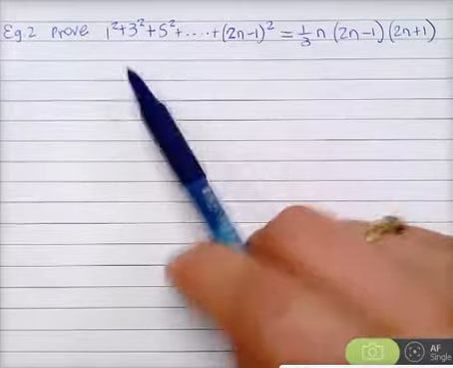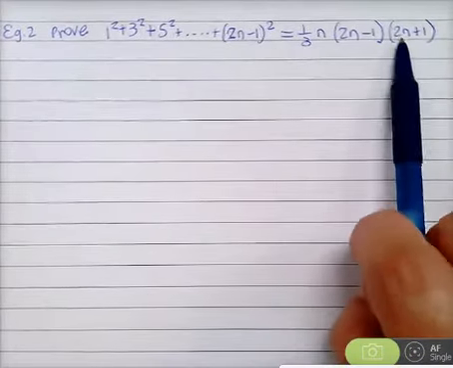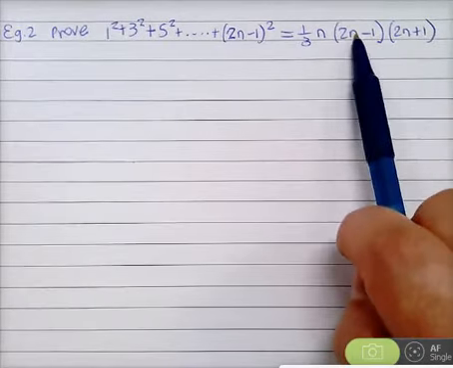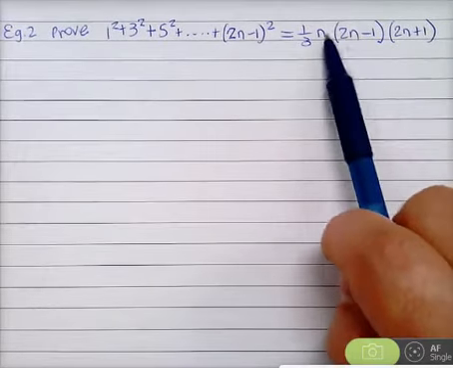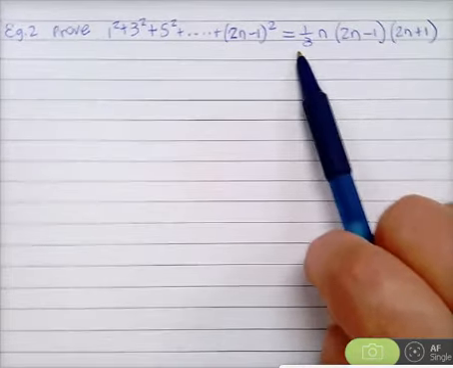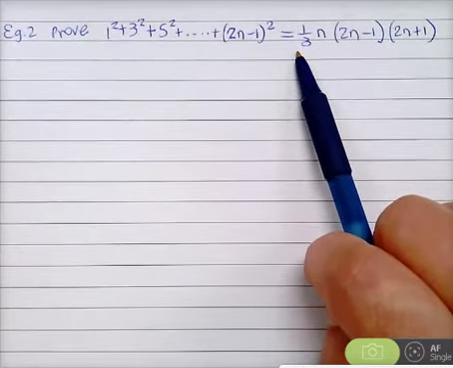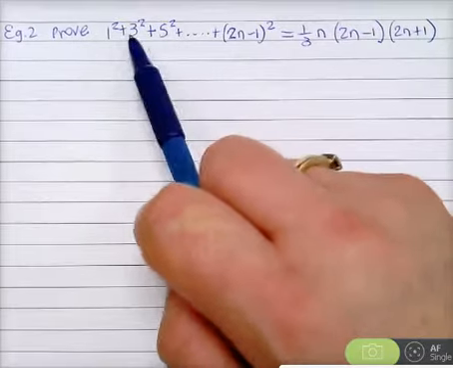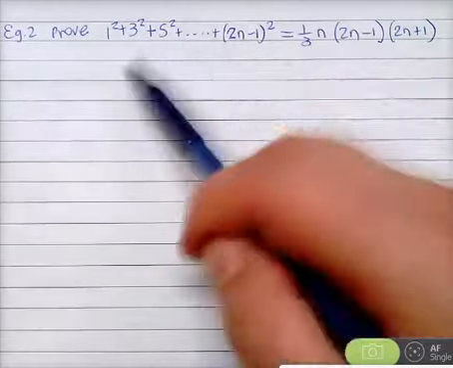When n is 3, what do you get on the right? 7 times 5, 35 times 3, 105 divided by 3. That's divisible. 35. I should get 35 when I add these. 25 and 10, 35 for the first 3 terms.